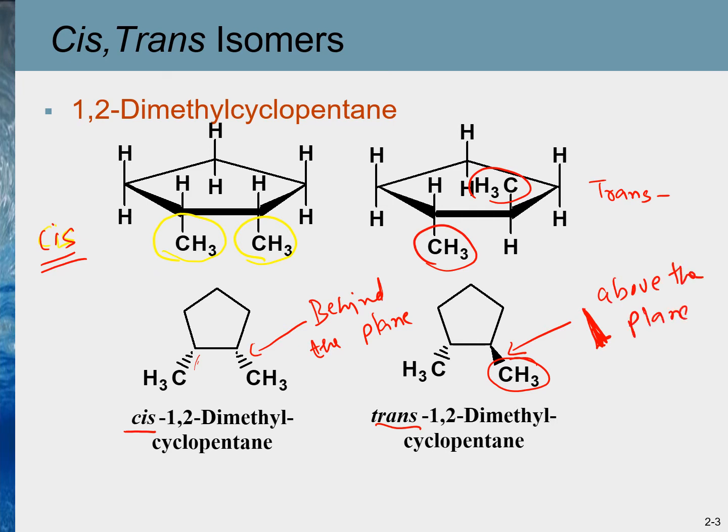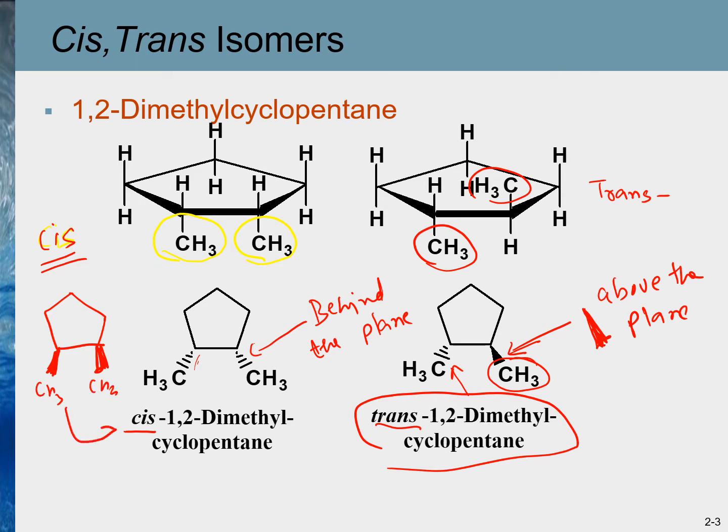So if one bond is above the plane, the other one is behind the plane, then of course the molecule is a trans isomer. If both bonds are behind the plane, then it's a cis. Also, if both bonds are above the plane, for example, this way, this will also be a cis isomer.